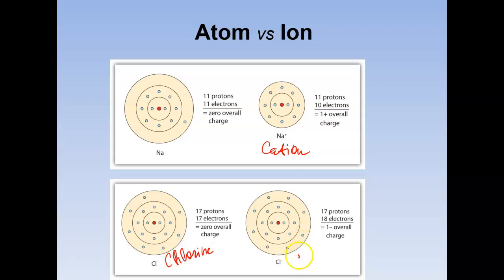And here, chloride. We change this ending, right? So INE changes to IDE. When it's a negatively charged ion, we name it in a different way, not chlorine, because chlorine is a neutral atom, and chloride is an ion, a negatively charged particle.